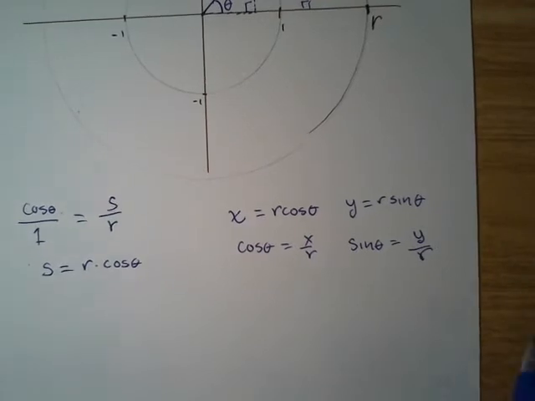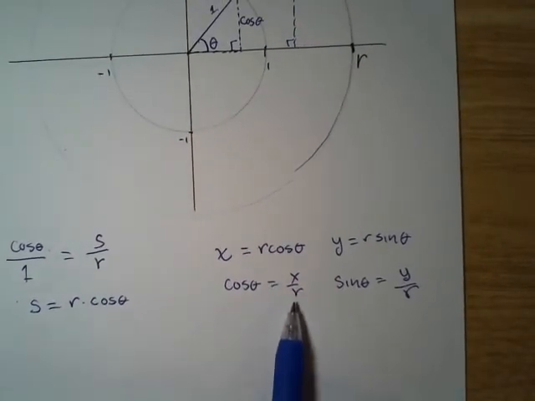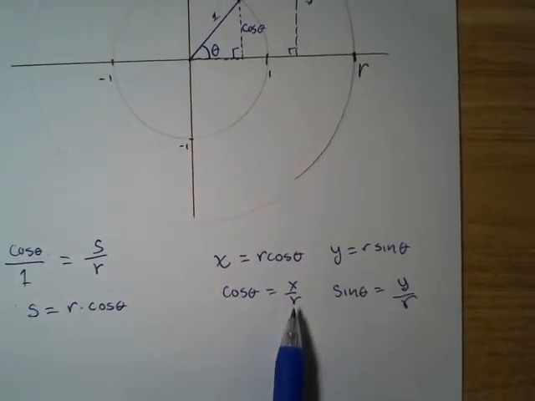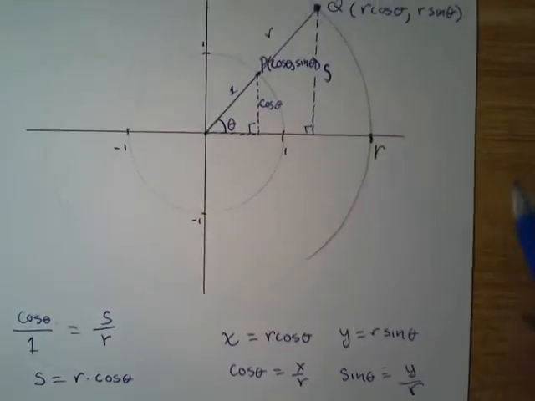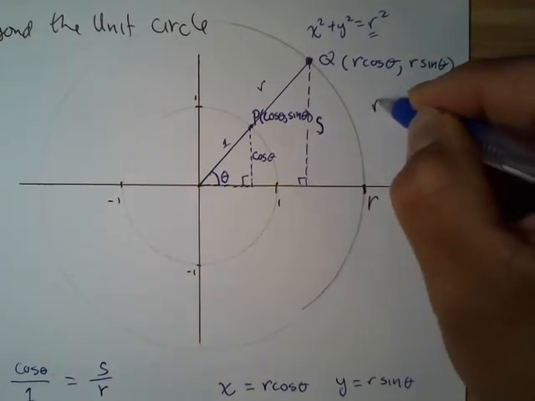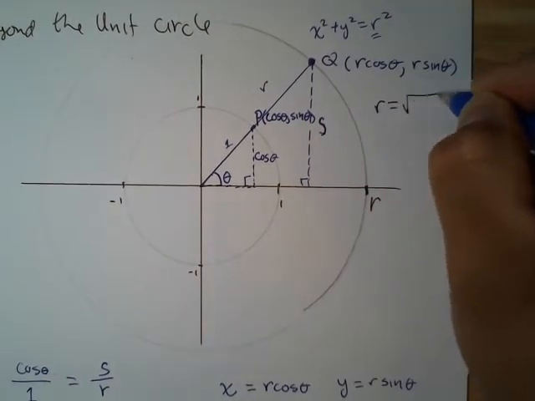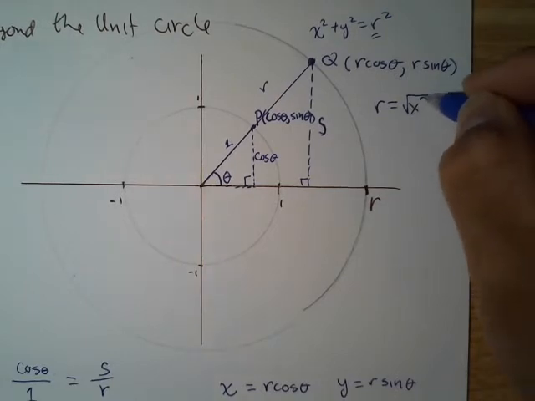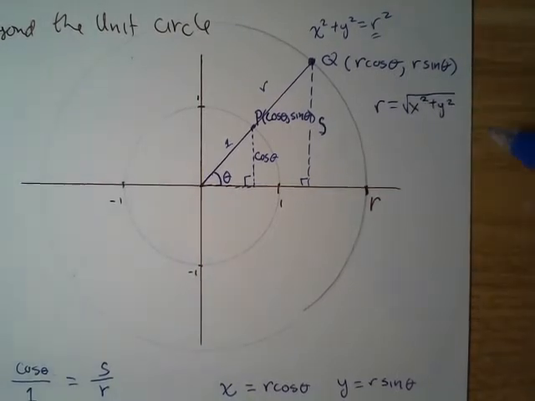And what I can actually do is rewrite this as an equation in x and y, right? Because x squared plus y squared is equal to r squared, solving for r by taking the square root, we get r is the square root of x squared plus y squared. Now notice that if we take the square root of a square, we should always have plus or minus, but r is dealing with a length, so length is always positive, so r in this case is always going to be positive.